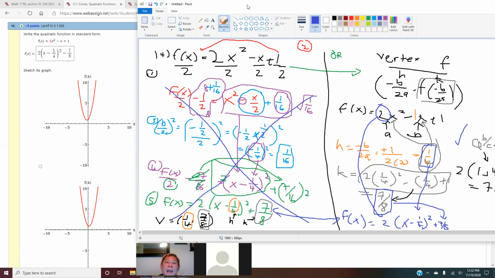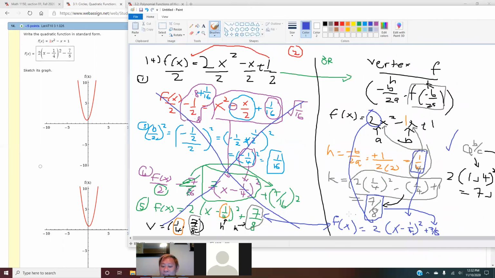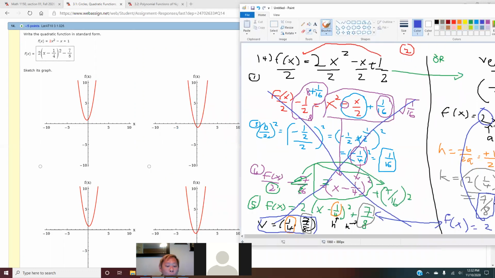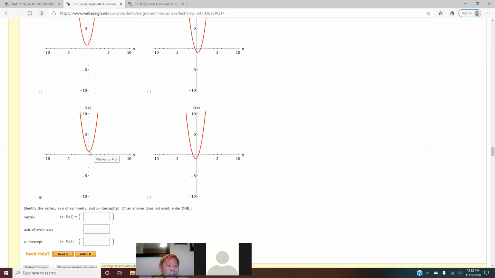Okay. Next, we have to figure out your graph. Your graph is based on your vertex. Since my vertex is 1/4 and 7 over 8, both of them are positive. So your vertex is in quadrant 1. So your answer will be this one because this is in quadrant 1.